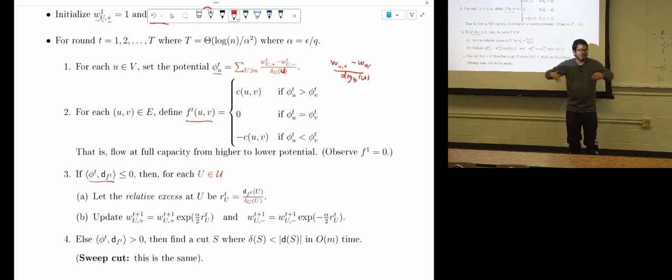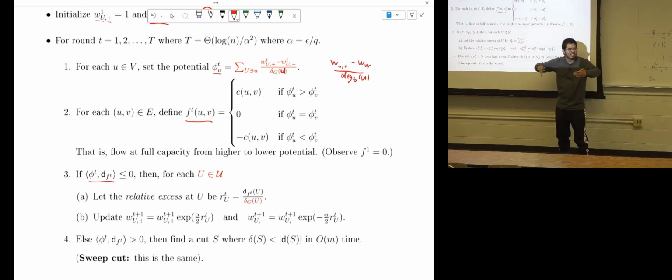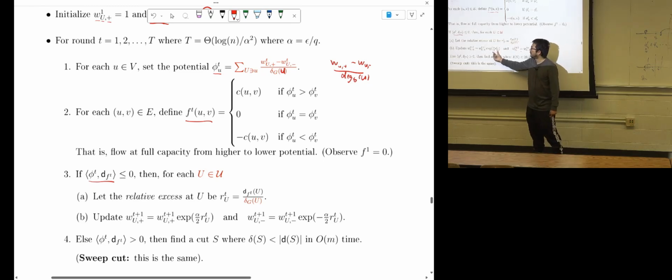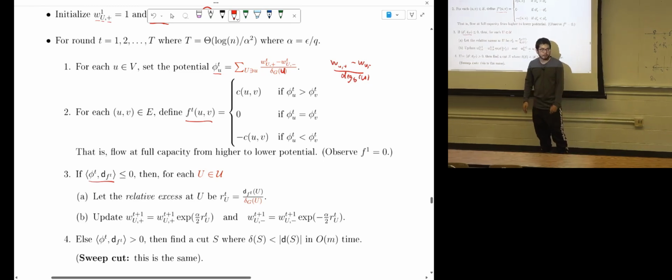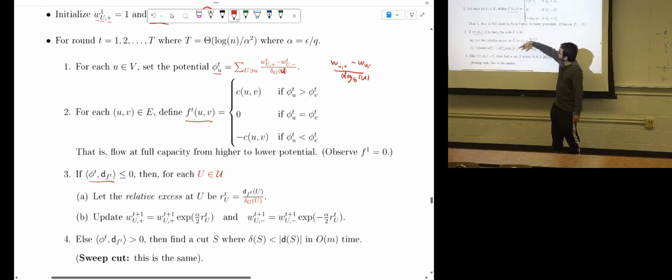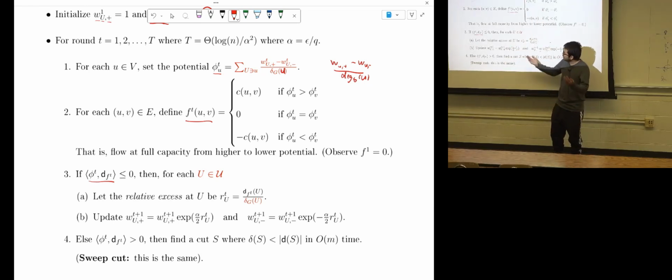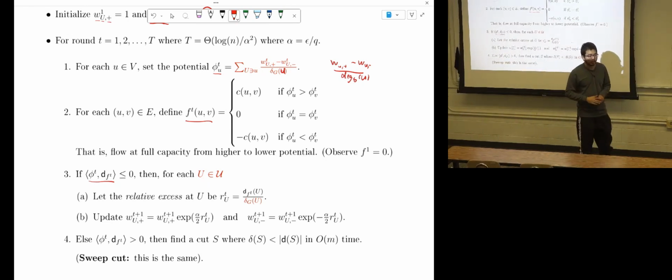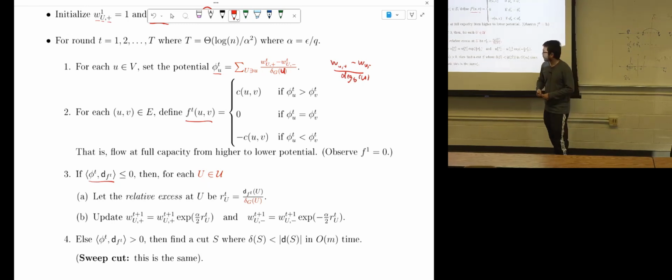That makes sense because this basically measures how much congestion U will cause on the cut around U. Then you update the weights according to the relative excess like before, and go to the next round. If this is more than 0, then you get a sweep cut. You do a sweep cut and you get a violating cut. This step is just the same, nothing new. Okay. Is the algorithm clear?